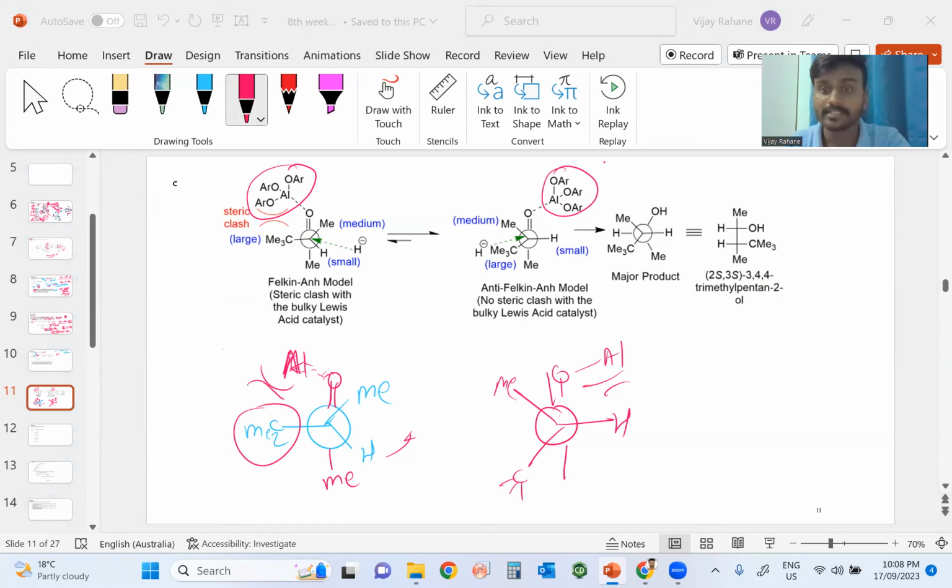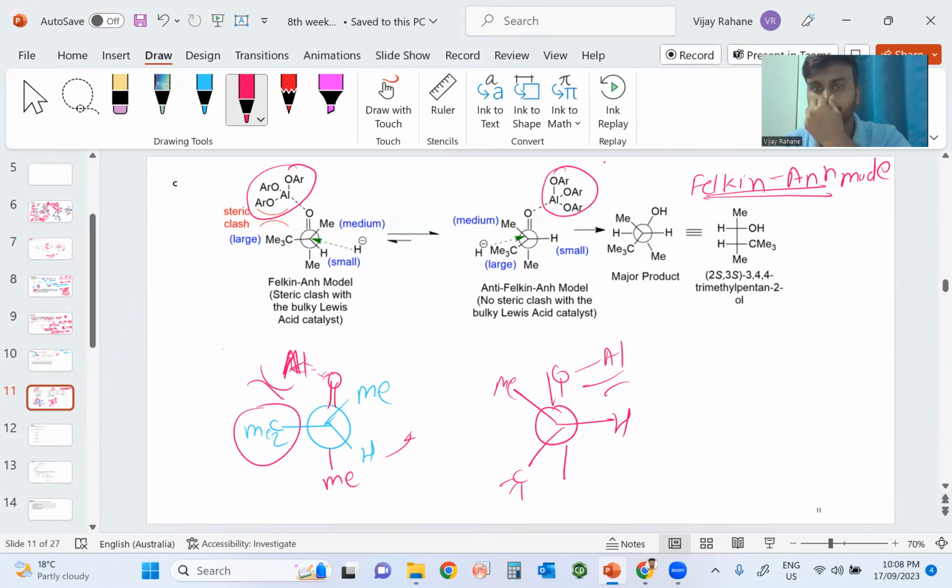particularly here. It's a Felkin-Anh model. The difference between the Felkin-Anh model and the Cram model is what we have to remember.